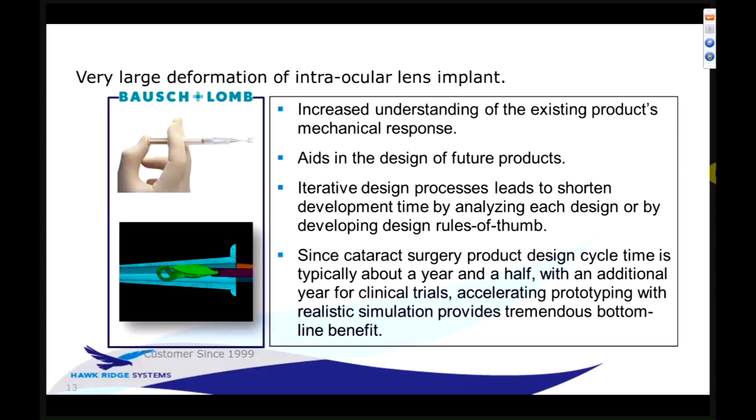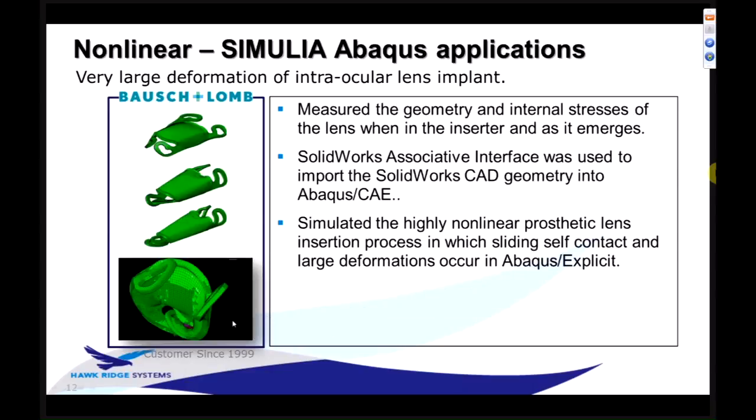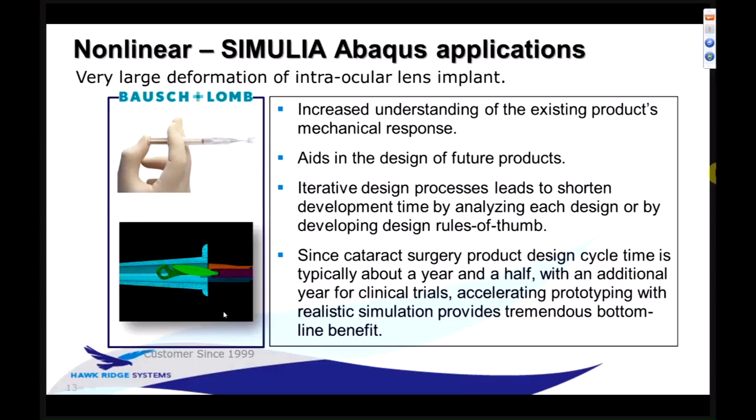Let's see if I can make that play again. And contact between the object and the syringe wall, so we've got the ability here to really look at extreme distortions and extreme deformation when you take that next step to a tool like SIMULIA Abaqus.